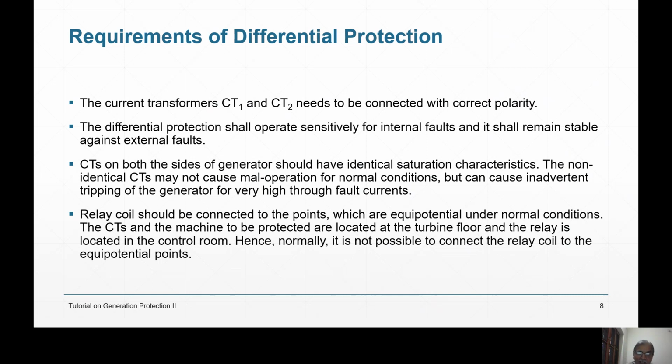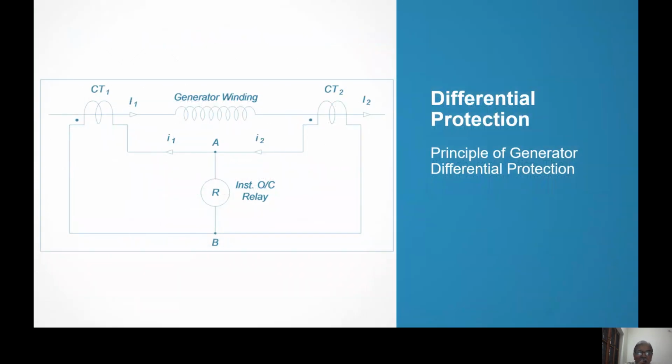Second thing, the relay coil should be connected at equipotential points. That is, A and B should be equipotential. VAB should be 0. Now, the geography of the power plant will not allow you to keep the relay exactly between CT1 and CT2. It may be near CT1 or it may be near CT2.